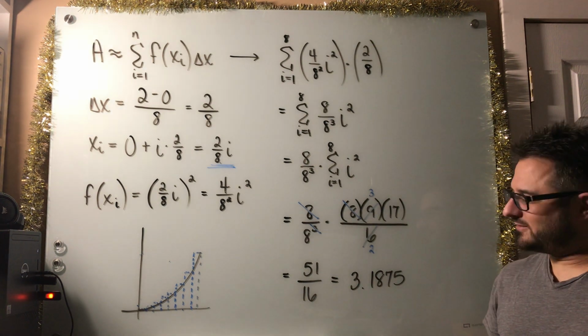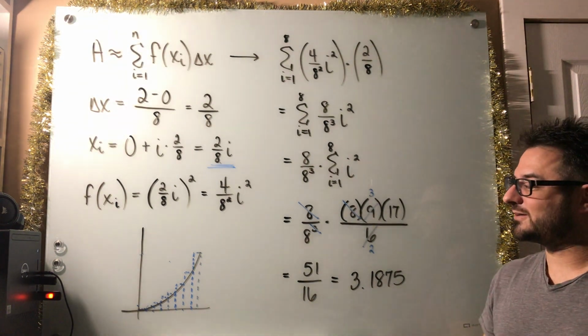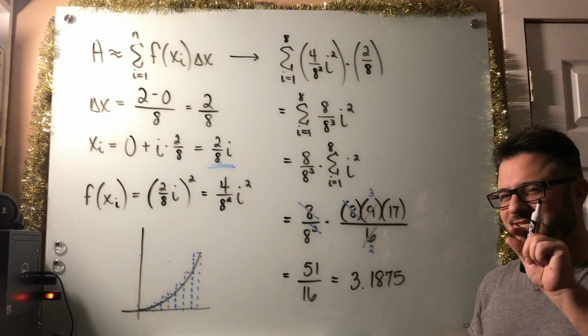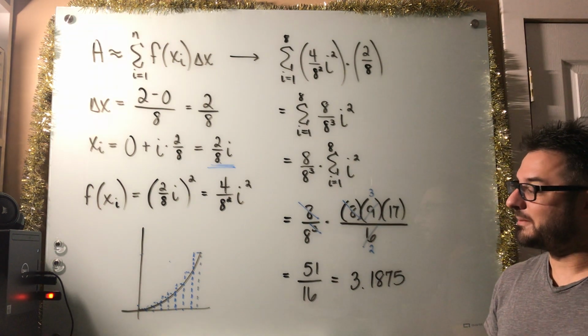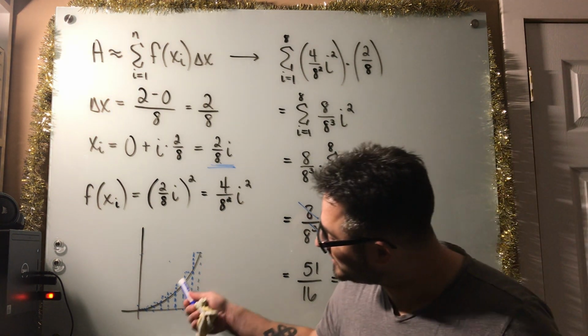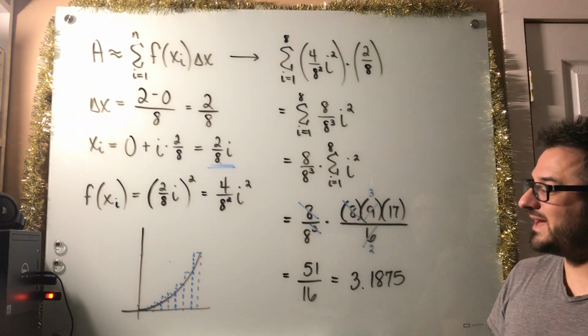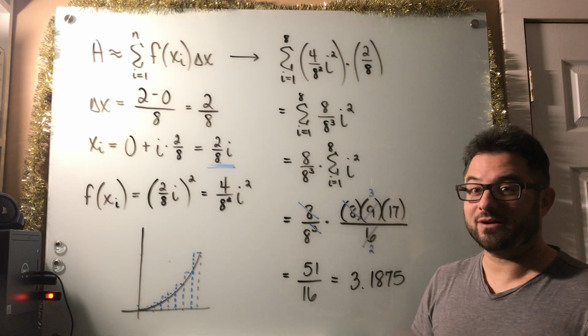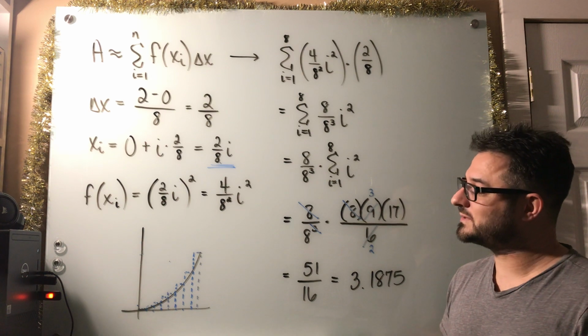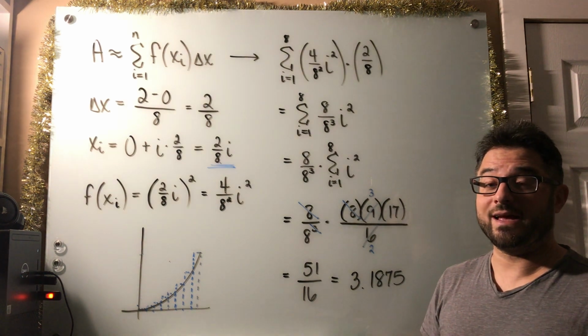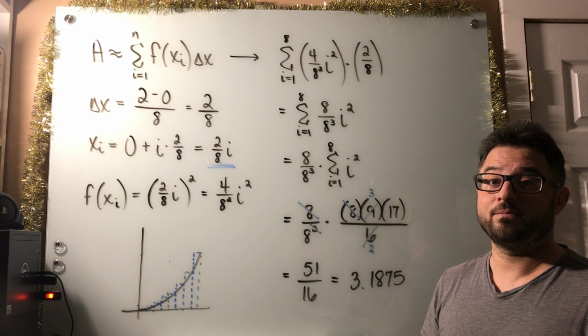So it seems that we're getting better and better and better, always just that teeny tiny bit too big. But I bet you, just going on the visual, that if we could do this with more and more and more rectangles, we might be able to get the exact area.